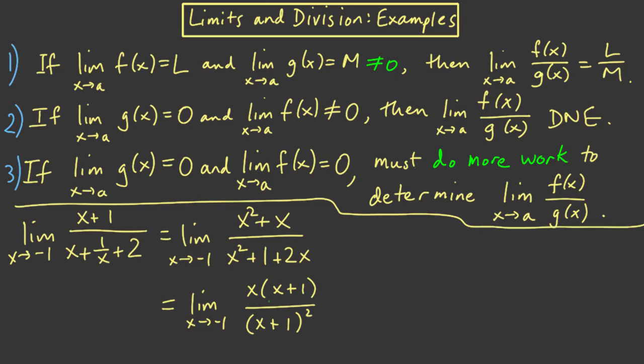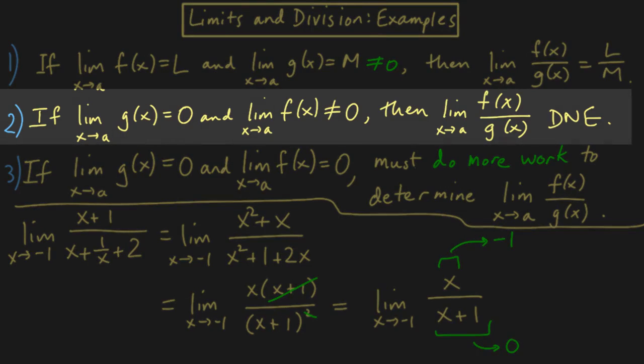So here we can cancel now, and we're going to get the limit as x approaches minus 1 of x over x plus 1. And when x is approaching minus 1, the denominator is approaching 0 again, but the numerator now is approaching minus 1, which is not 0.